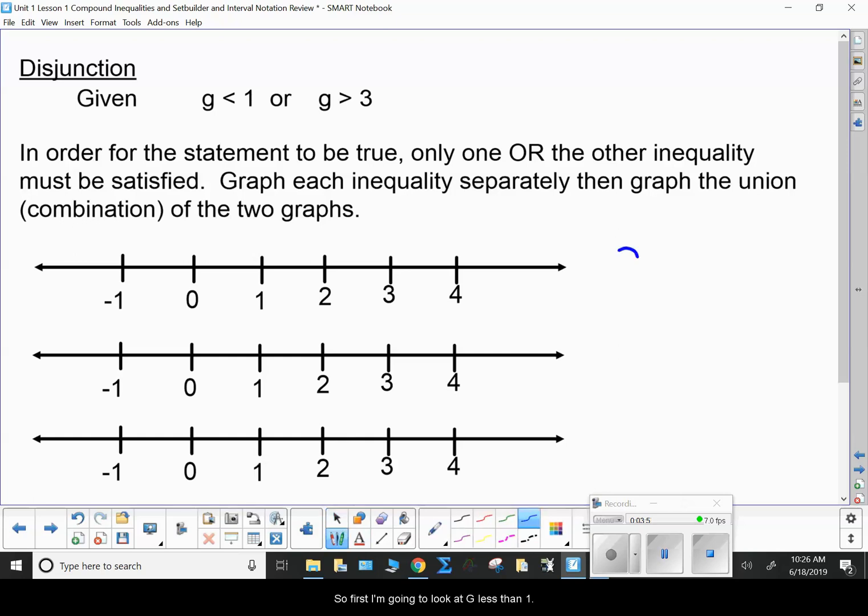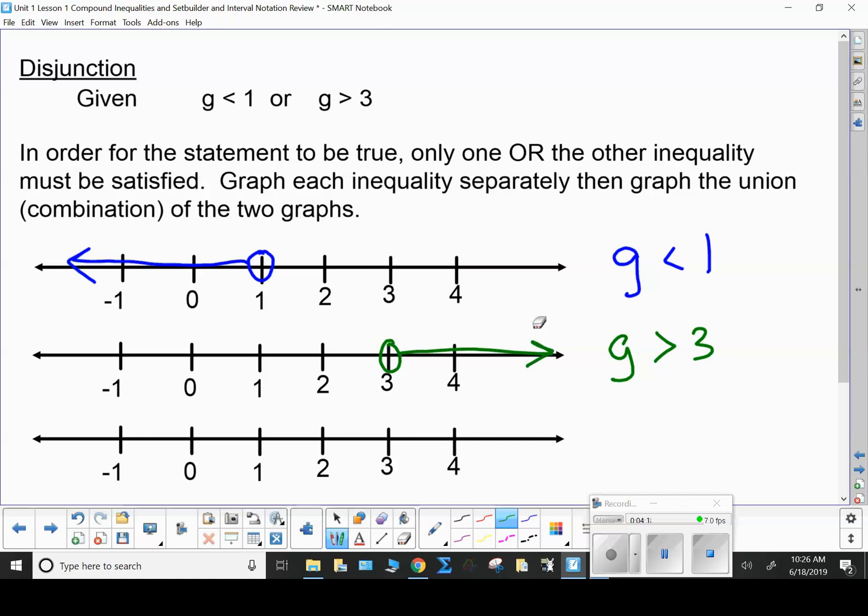So first, I'm going to look at G less than 1. Less than 1, open dot on the 1, graph to the left. Then we're going to do G greater than 3. Again, an open dot because I can't equal 3. And graph to the right.